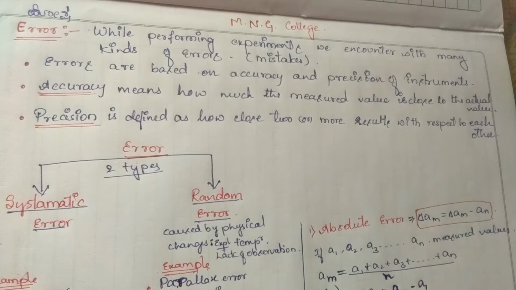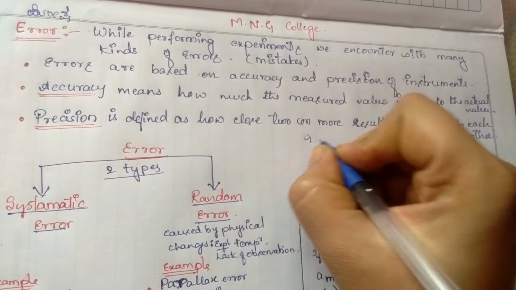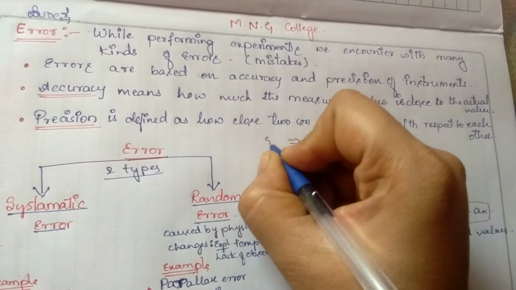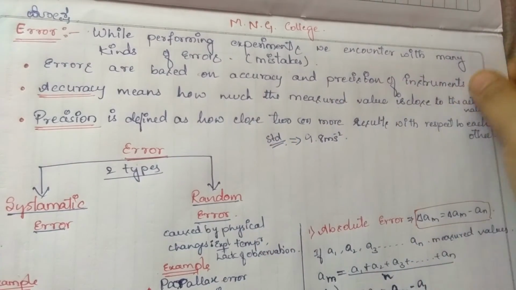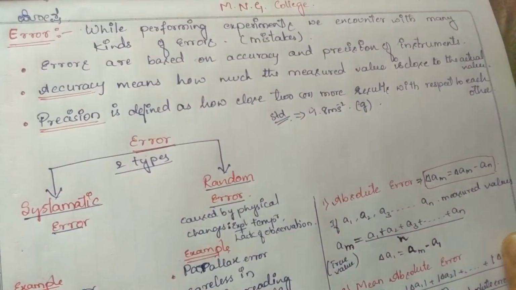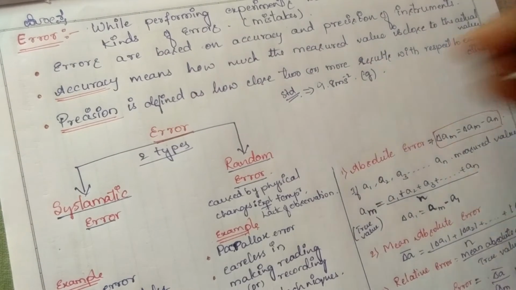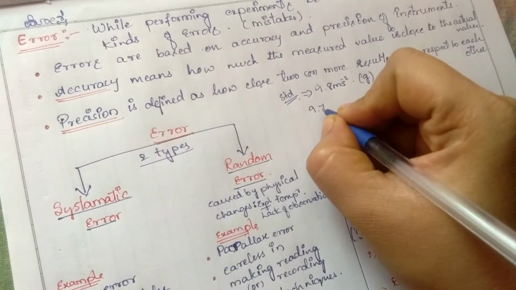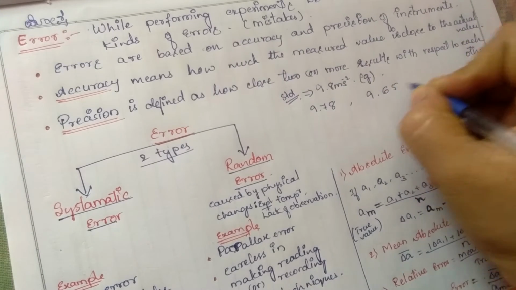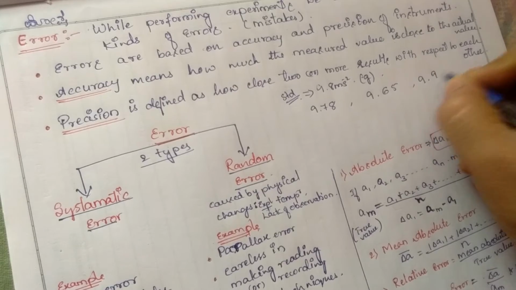For example, the actual standard value of acceleration due to gravity, the g value, is 9.8 meter per second square. Suppose in the experiment we get 9.78, or 9.65, or 9.9.